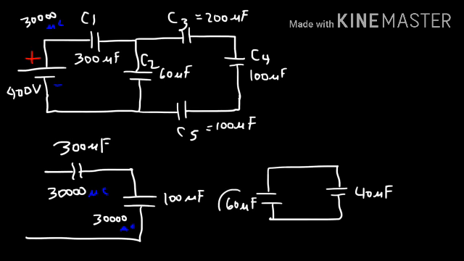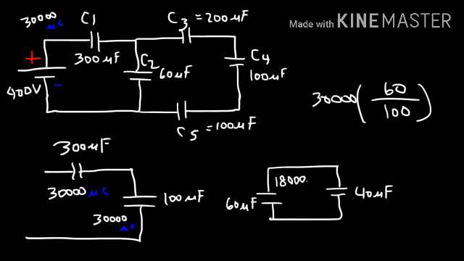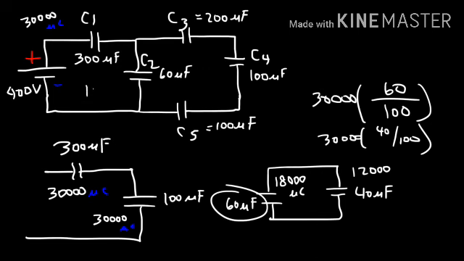So to calculate the charge on the 60 microfarad, it's going to be 30,000 times 60 divided by the sum of these two values, 60 plus 40, which is 100. So it's 60% of 30,000. And so that comes out to 18,000 on this one. And so the other one is going to be 30,000 minus 18,000, which is 12,000. You can also do 30,000 times 40 divided by 100. That will give you 12,000. So across C2, the charge is 18,000 microcoulombs.